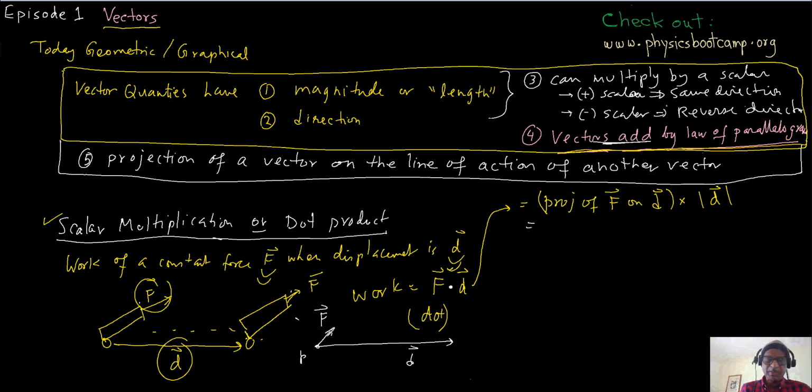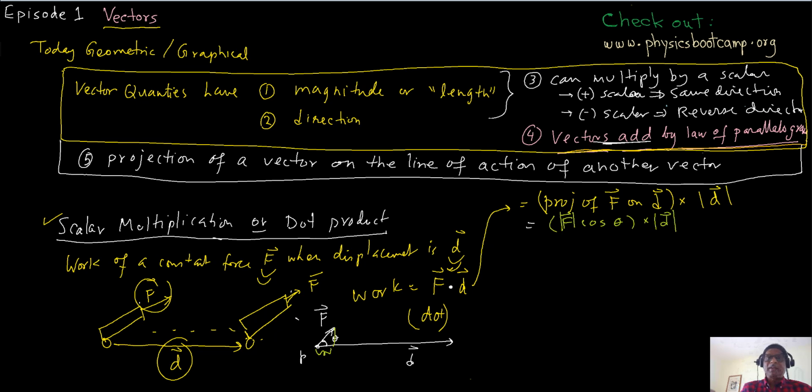So if the angle here is theta, then take the magnitude of this, and from there I can construct this. So the projection will be F cosine theta, times D.